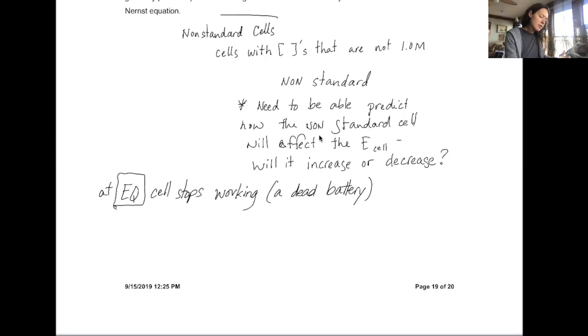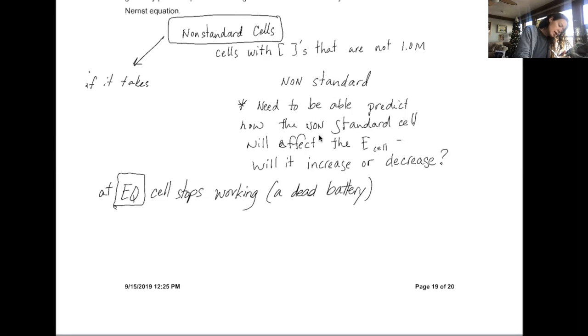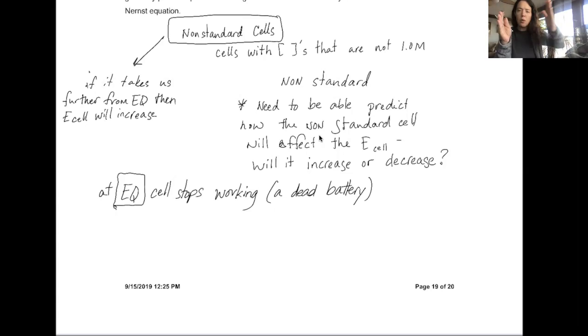If a non-standard cell takes us further from equilibrium, then E cell will increase, because the cell has been taken further away from where it is dead, and therefore has more work in it, a longer way to go to get to equilibrium.